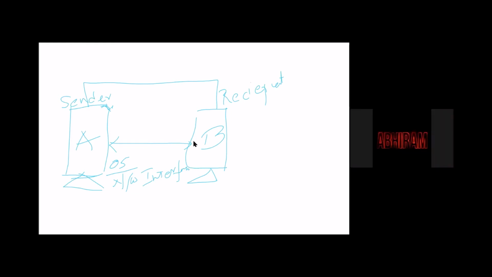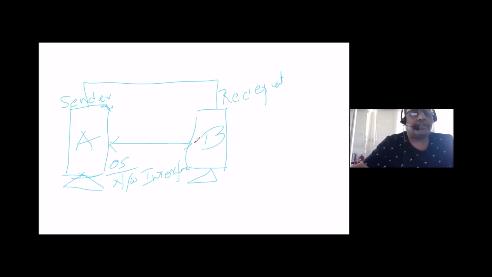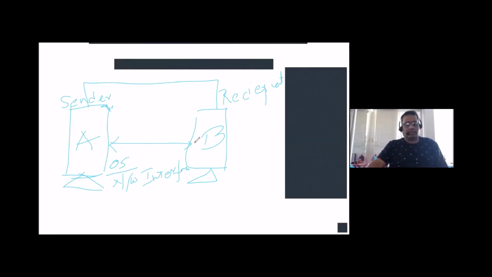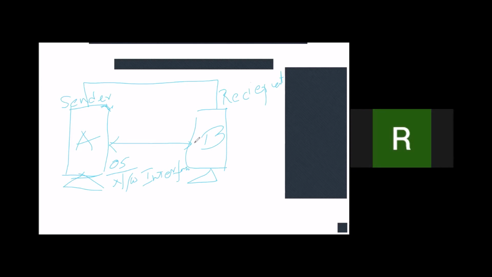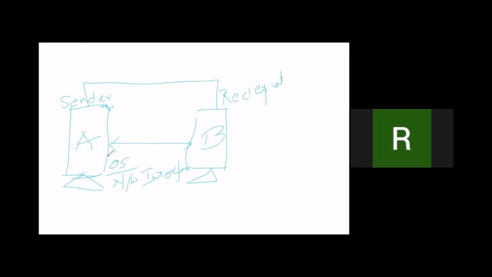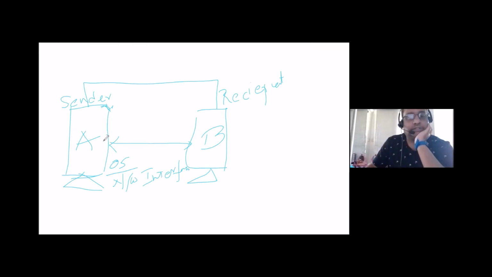Yes, we can. Okay. So I've got a network cable attached to it. I've got a network port into which it goes. So that's a network port. And this guy has a receiver port as well, which again is a network port.